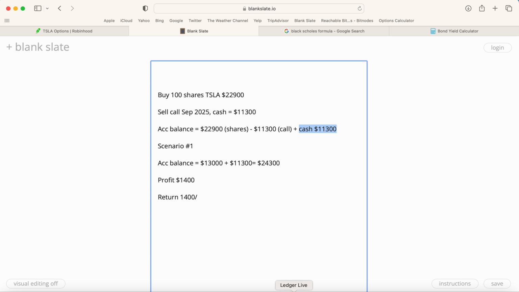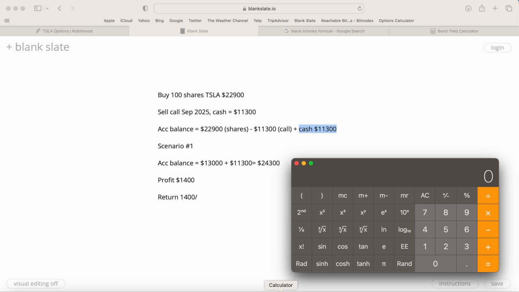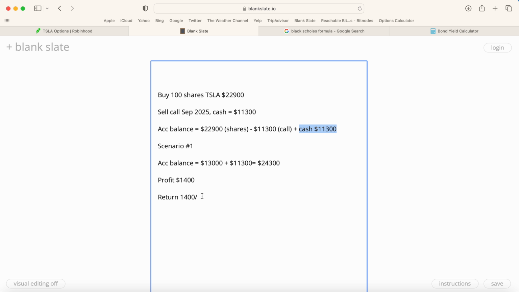So, in other words, all we raised was $22,900 minus $11,300. So we just raised $11,600. So let's use that as our cost basis. And that is approximately a 12% rate of return.